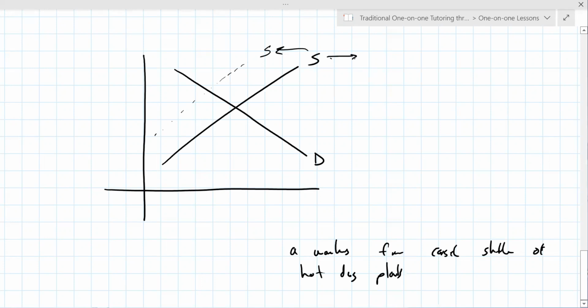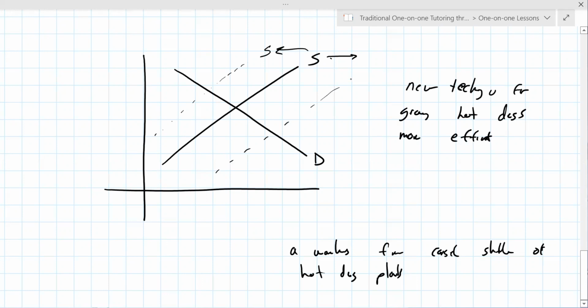So I don't want to get into what is in hot dogs, because that's a different class altogether. But imagine hot dogs were grown for the moment, and there's now a new technique for growing hot dogs that's more efficient. Okay. Basically, it's a technology thing. So what happens to the supply?